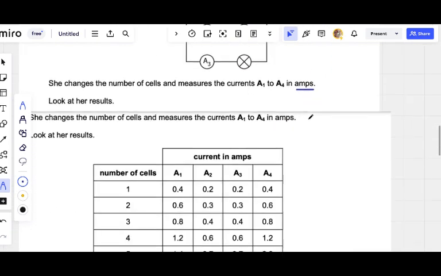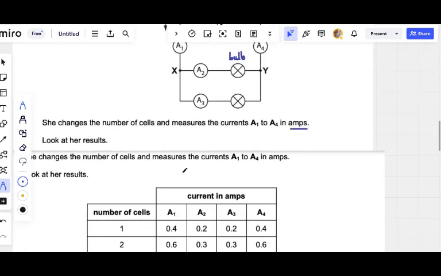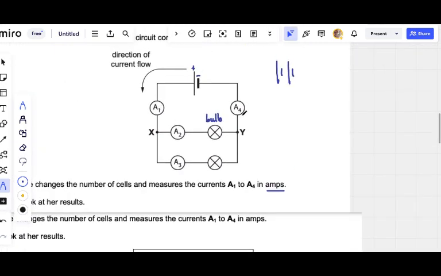Okay, so when she used 1 cell, the current A1 is equal to what? 0.4. Now you must check the value in A4. I said A1 and A4 have to be the same, because the current comes, gets to junction X, splits up, and then when they get to junction Y, they add up again. The one from this branch and the one from this branch sum up again.